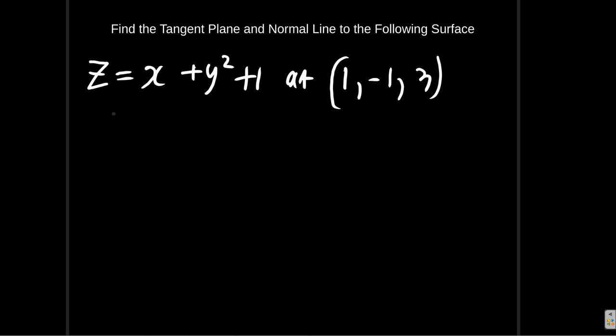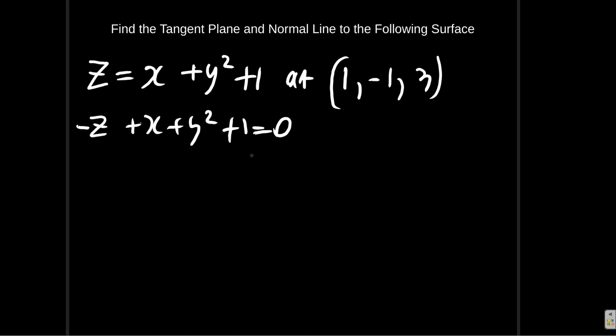Let's look at it. Now, we need to rewrite this as, in this case, negative z. If we subtract z from both sides, negative z plus x plus y squared plus 1 is equal to 0.